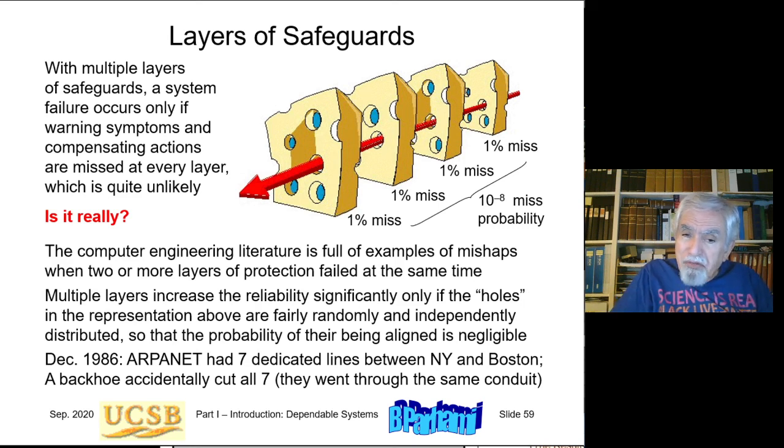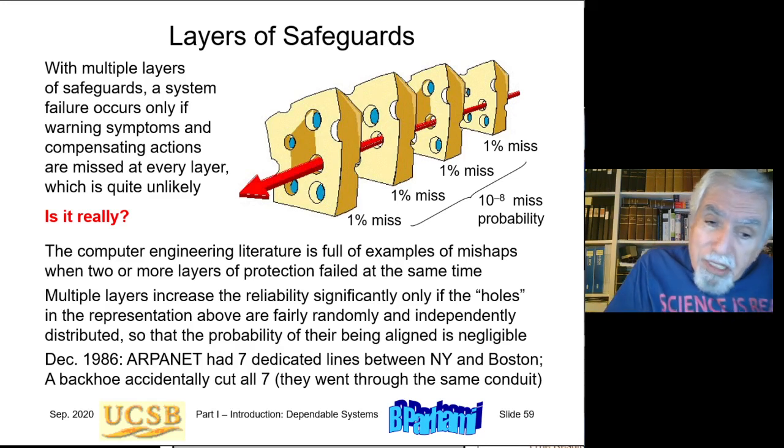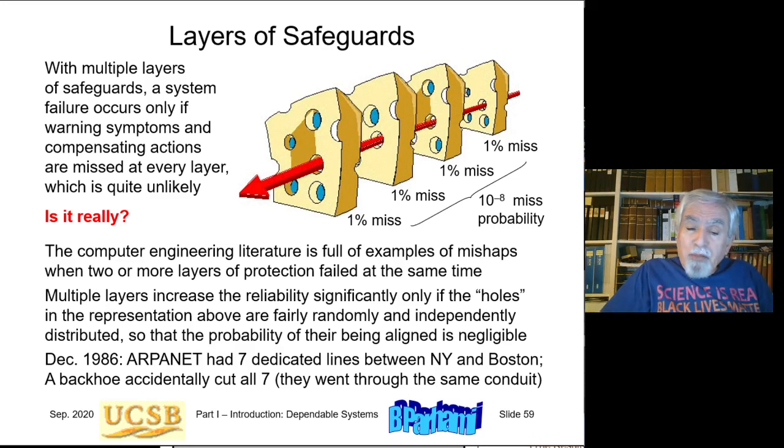If each of these 7 channels has probability 10 to the minus 2 of not being available, then if they are truly independent, 10 to the minus 2 to the power 7 will be 10 to the minus 14, which is an extremely small probability that all 7 channels become unavailable.